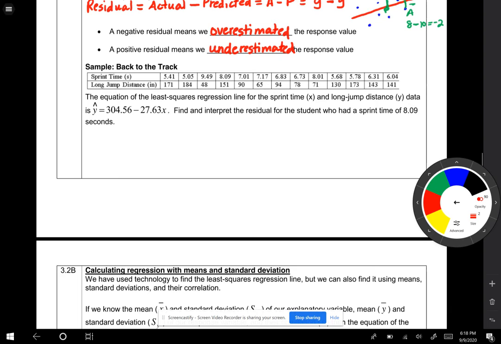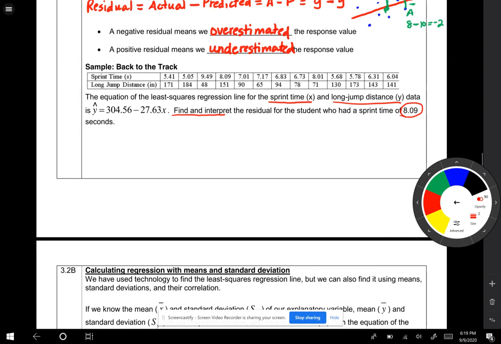Find and interpret the residual for the student who had a sprint time of 8.09 seconds. So sprint time is your explanatory variable, and long jump distance is your response variable. Oftentimes, students find the residual, but they don't interpret it, and then they miss points.